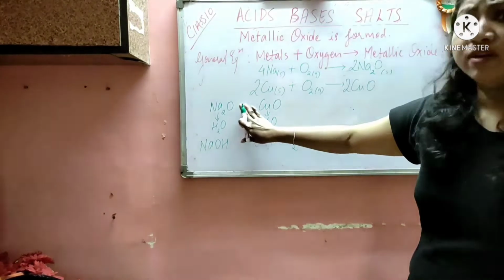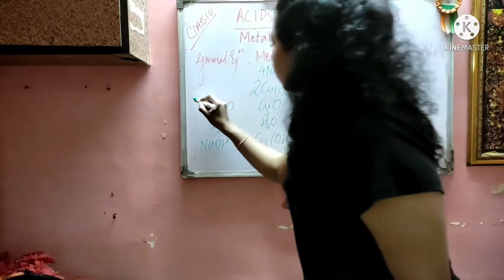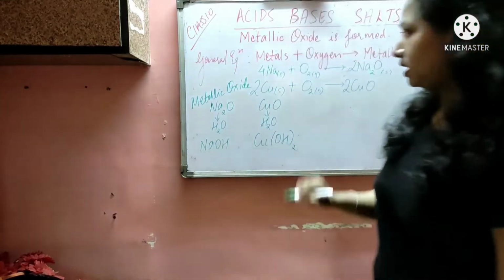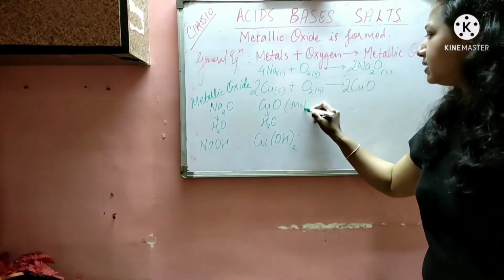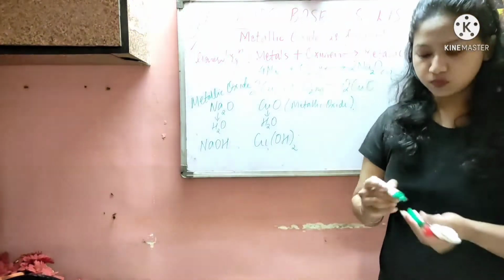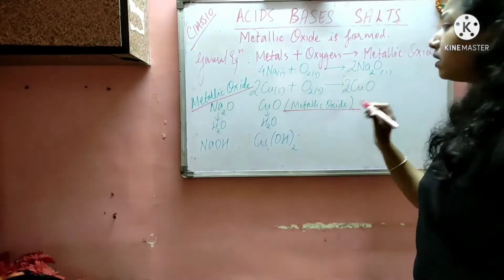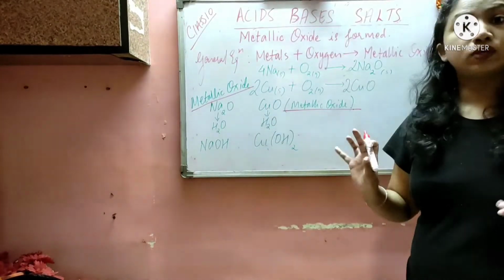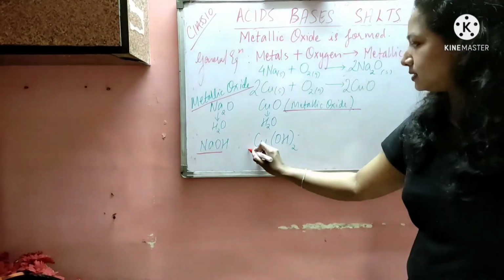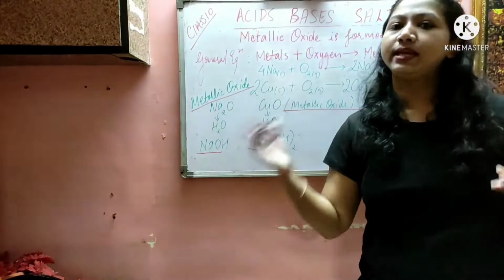So sodium oxide, which is a metallic oxide, and copper oxide, which is another example of a metallic oxide, when you dissolve them in water, what you get is base. Hence it is said that metallic oxides are basic in nature.